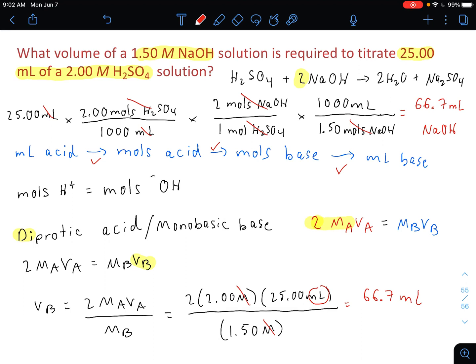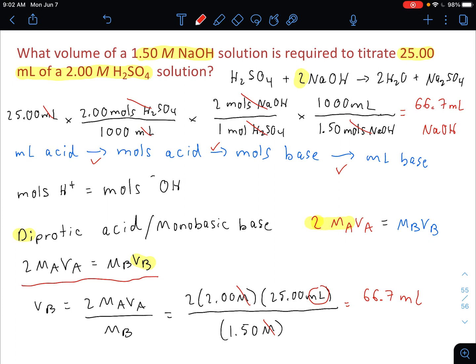All right, so you can do this either way. Historically, I've kind of seen students prefer to have an equation like this to use rather than walking through the entire chemical reaction each time. But it's totally up to you, whichever one you feel more comfortable with. Just make sure when you look at a problem like this, you should be asking yourself, is it a monoprotic acid, monobasic base, or is it mismatched, in which case I'd need to add a factor of 2.